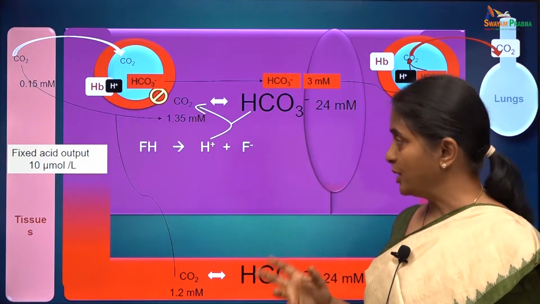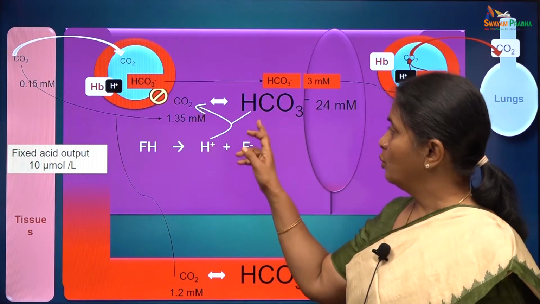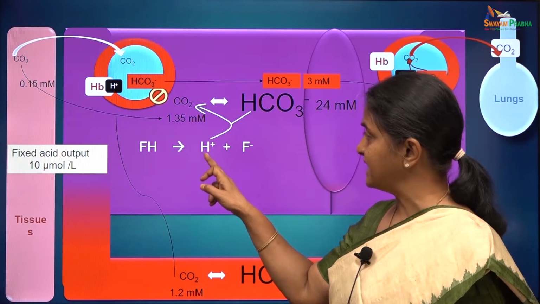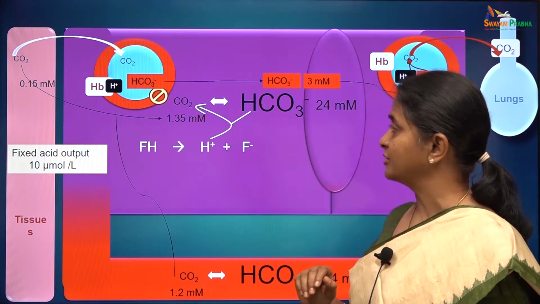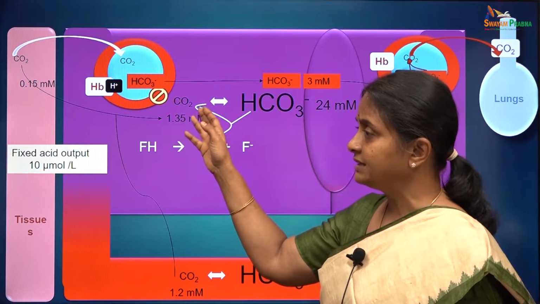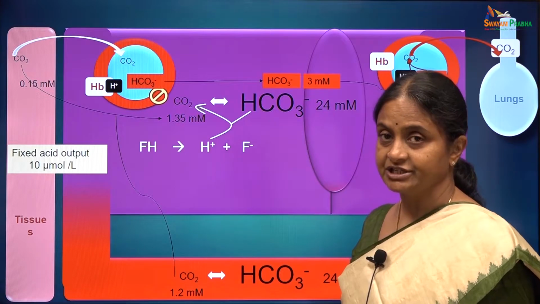Now you would ask the question, will consumption of bicarbonate by the protons from fixed acids reduce bicarbonate concentration, and will the formation of new carbon dioxide increase carbon dioxide concentration?